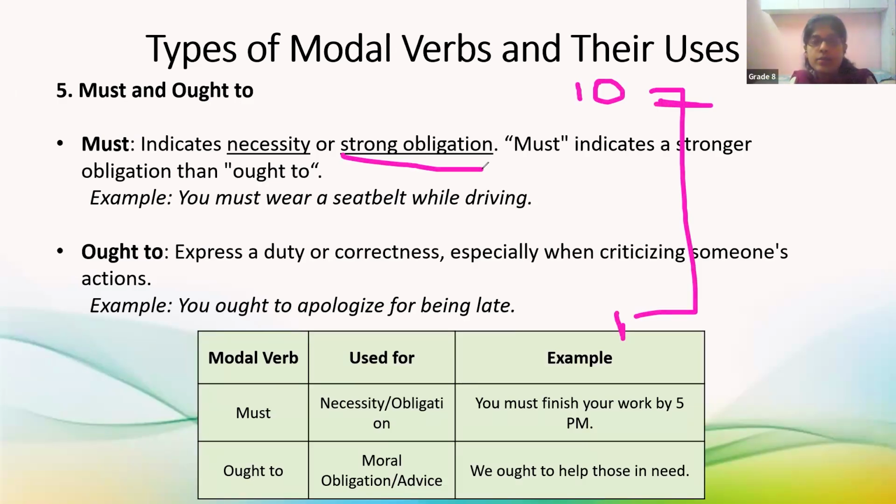Now if you have a choice between must and ought to, then you remember must is more strong than ought to. Must is for all the obligation, but ought to is only for moral obligation, and when we are correcting somebody for their mistakes in the sentence, that will be reflected in the sentence.